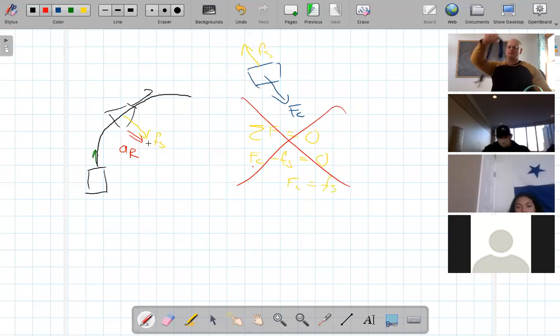In the case of my keys, it was the tension, tension and the strain. In the case of a car going around the corner, it's static friction. As far as all the chalk here, which can easily fall out, what's keeping this inside of the bucket? What's causing the chalk to move through a circle?